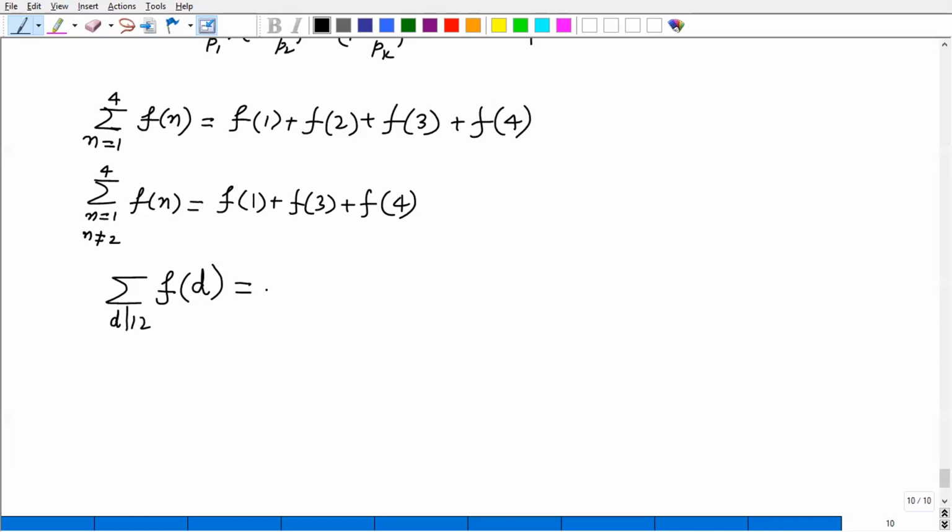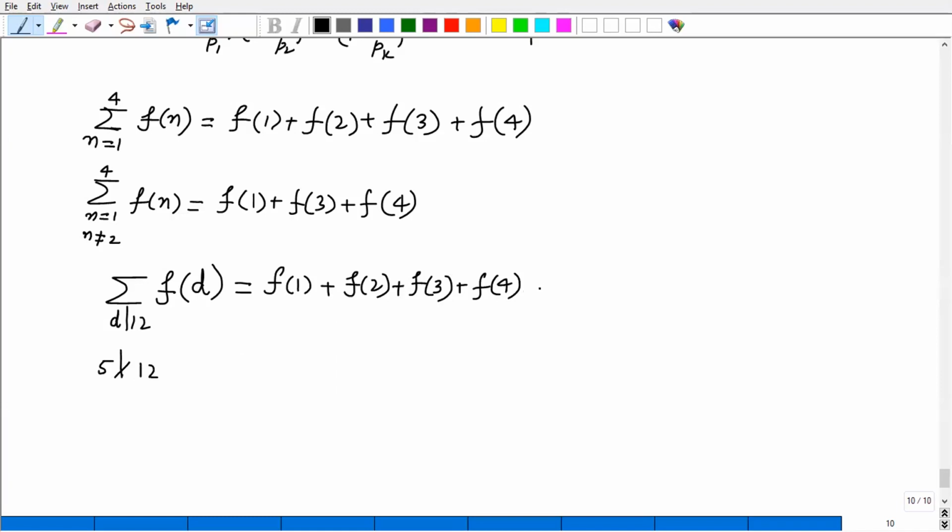So 1 divides 12. Okay, so f of 1 should be written here. And 2 is a divisor of 12 because 2 divides 12. So the value of d is 2 now. 3 divides 12. Okay, so 3 can be taken here. So f of 3. 4 divides 12. Okay, so 4 can also be taken. But 5 does not divide 12.